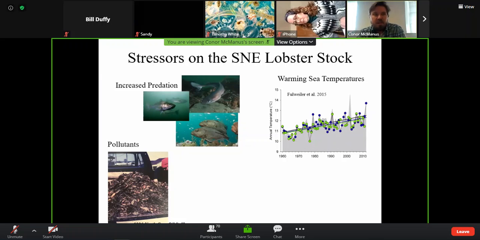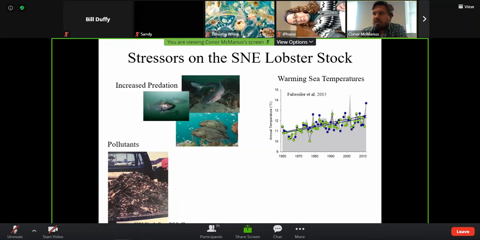And there's been a number of different anthropogenic stressors, such as oil spills or chemical contaminants in certain areas of the stock's estuaries, like this example here from the North Cape oil spill in 1996.